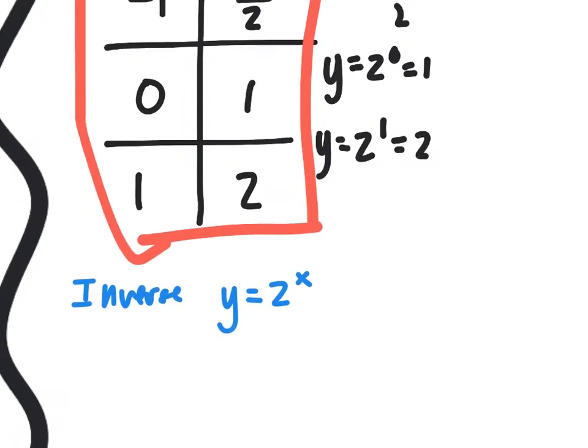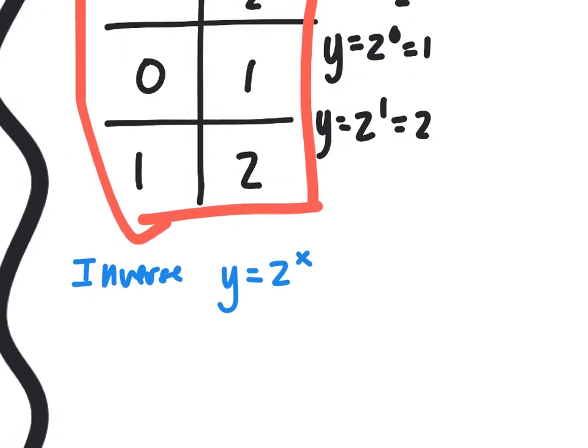The inverse of that, remember, is I want to switch x and y, so I get x equals 2 to the y power, and I'm going to solve for y. In order to solve for y, since y is an exponent, I have to use a logarithm. So I would rewrite this as log base 2 of x is equal to y.